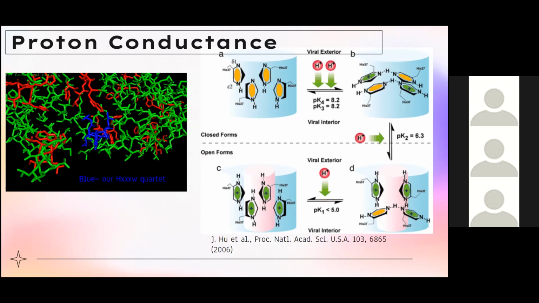So it shows how difficult it is to disrupt the stable histidine locked conformation. And over on the left, it shows our M2 protein, and the blue is specifically just one HXXW quartet that we're looking at, while the red is other HXXW quartets in the same protein.